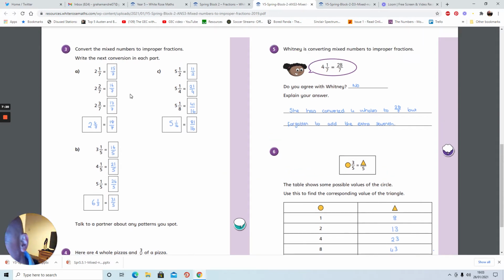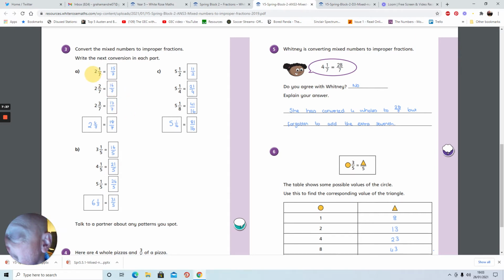Right, next we're going to convert the mixed number to an improper fraction and write the next conversion in each part. So there's a pattern here, which will help you, because once you've got this one up here, you should then be able to get the rest of them below.